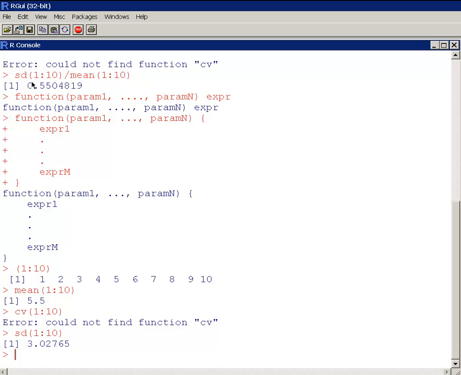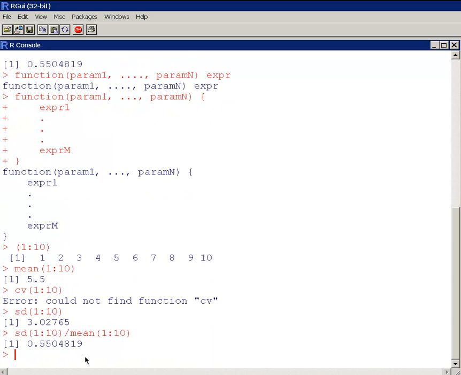So what am I doing here? I'm taking the standard deviation of those numbers divided by the mean of those numbers. Maybe that doesn't have any particular meaning to us, but we can do it. Let me see, do I have it still here? Oh, it's all the way back there. Okay, so if I do it, I get a result, because that's the standard deviation divided by the mean.